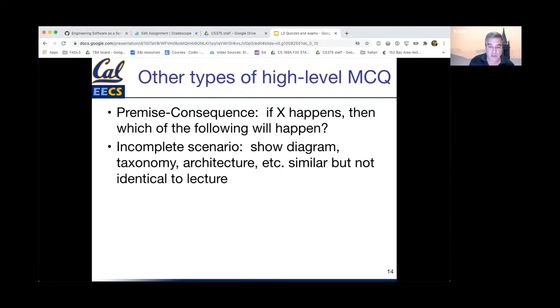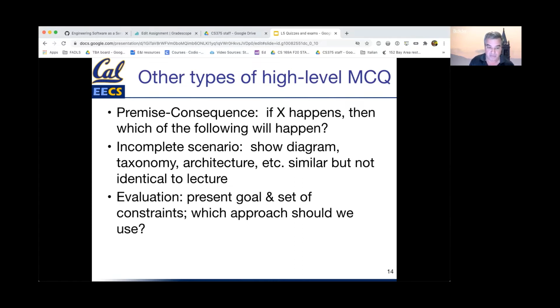For example, you could show a diagram of a system or a taxonomy or an architecture and something similar but maybe not identical to what they've seen in lecture or in their homework assignment, and then have students fill in the missing parts. In fact, for the missing labels, you can even have each missing label be a multiple choice question itself. Evaluation. Given a certain goal and a certain set of constraints, the multiple choices could ask which approach would be the best one to use.